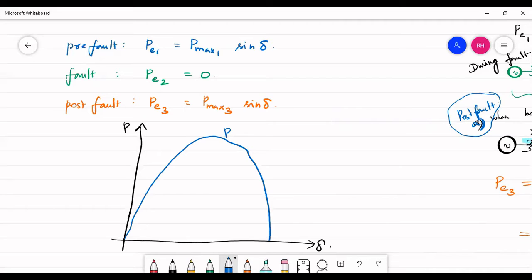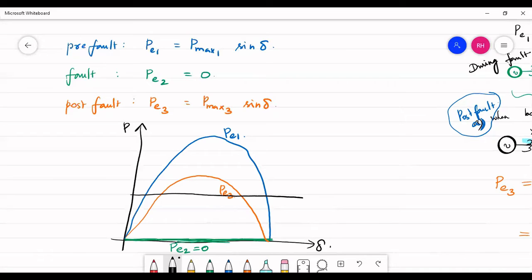This corresponds to the pre-fault, PE2, which is 0 during fault, the power transfer, and finally after any one of the lines is restored. Let this be the value of the mechanical input Pm.